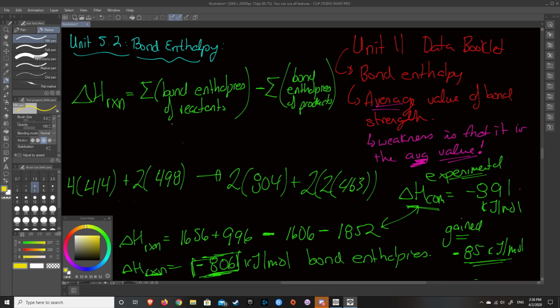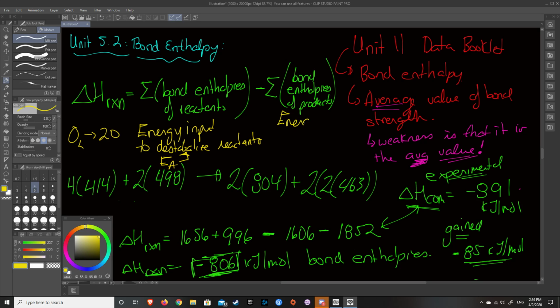This is the energy input to destabilize reactants. It's the energy input to break bonds, right, like we did O2 into 2 O. In a way, it's kind of like the activation energy of the reaction: how much you need to put in to break these bonds. And then this is the energy released by bonds forming.